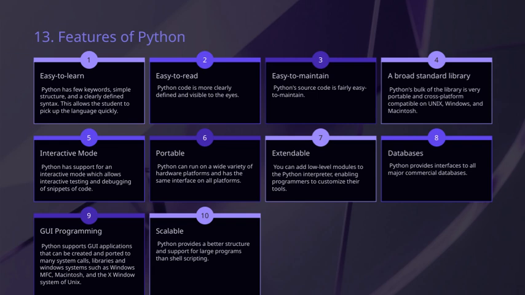Another significant feature is that Python code is very easy to read. Its clear syntax and minimal keywords make it accessible, especially for beginners, and enhance overall readability for seasoned developers. Python includes an interactive mode, which is extremely useful for testing and debugging snippets of code instantly.